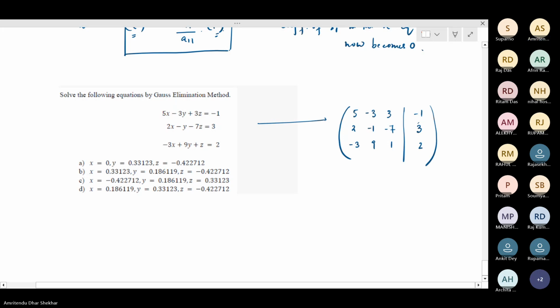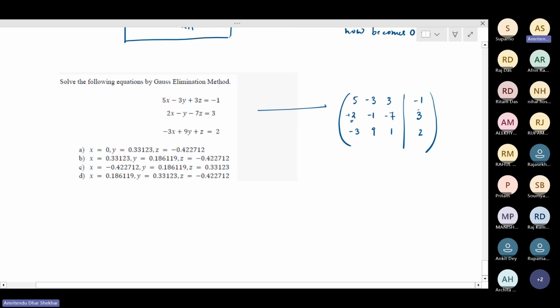Now, the idea is to turn this into an upper triangular matrix. What you're essentially doing is that you first want this term to drop to 0. So in order to make this term drop to 0, you set the second row to be equal to row 2 minus 2 by 5 times the first row.